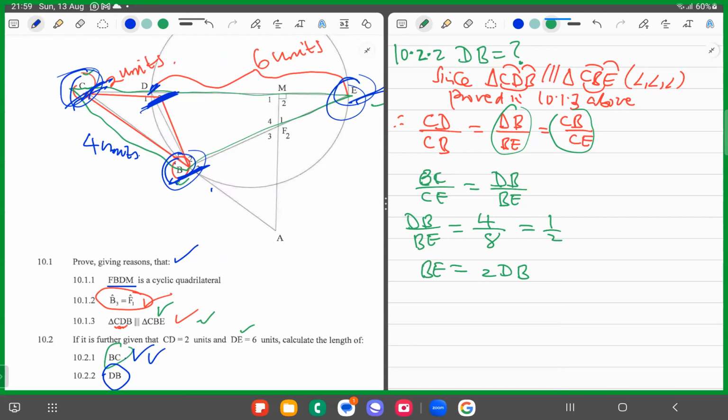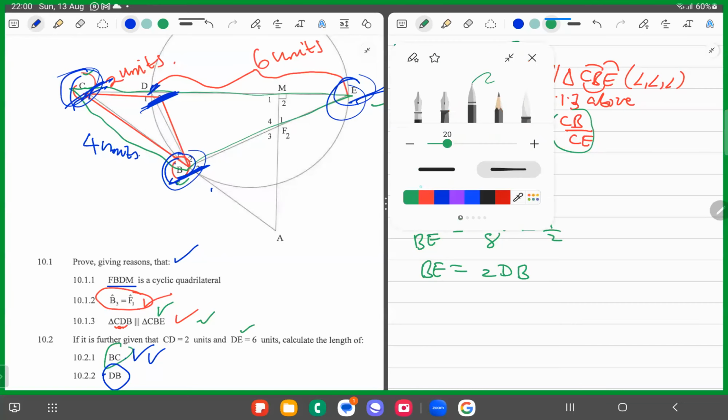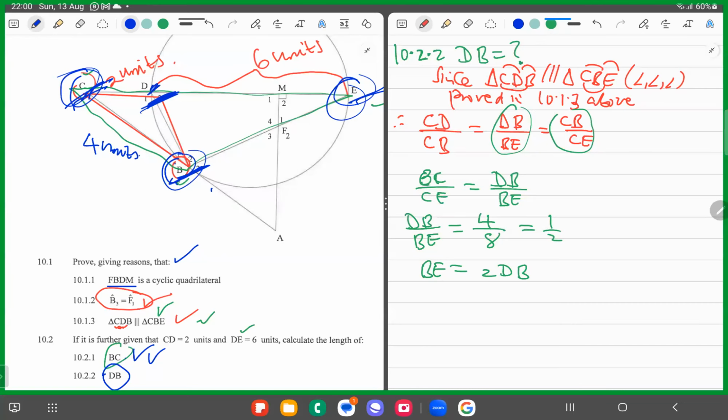Which means DB squared is equal to what?